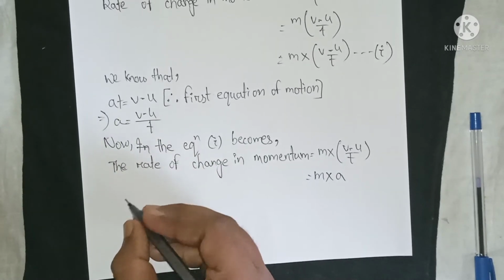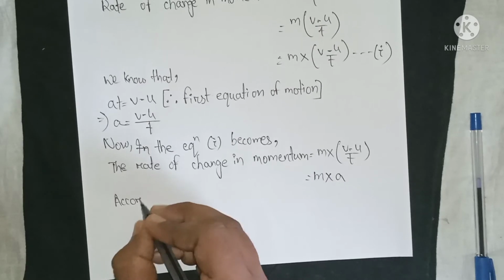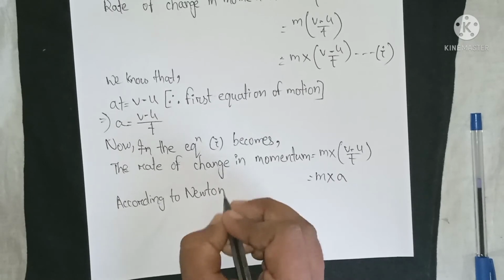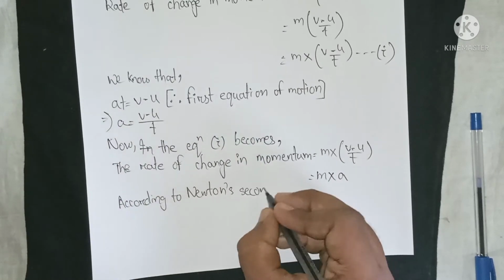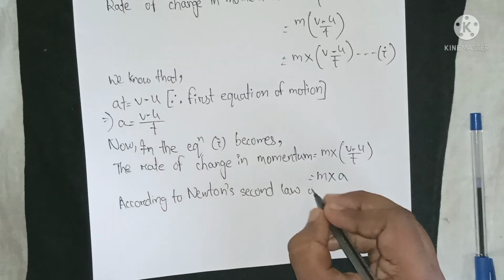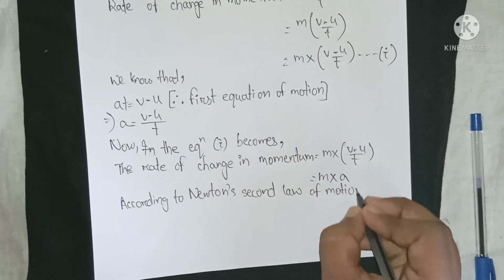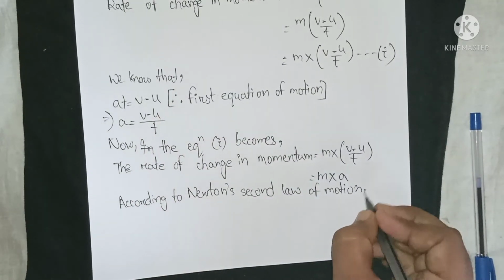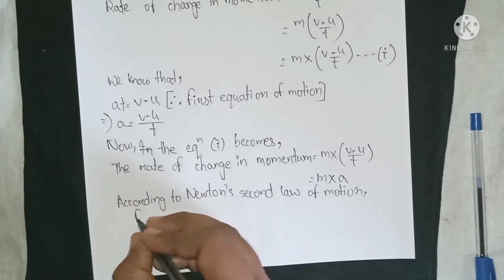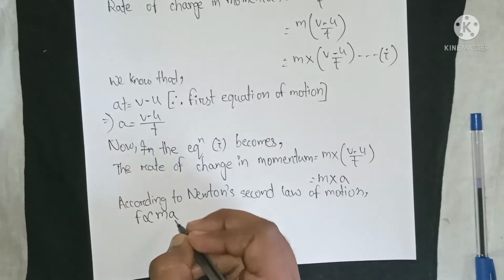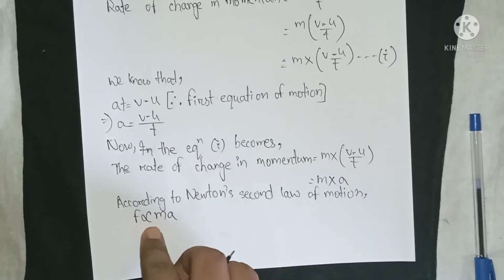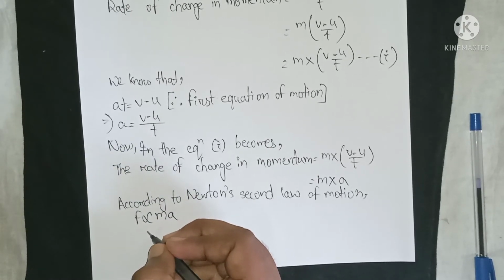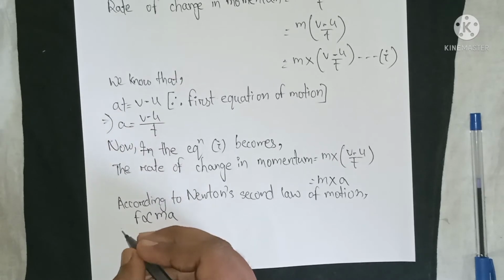So we can write here that according to Newton's second law of motion, and yeah, law of motion and equation of motion are very different, F is directly proportional to ma, where F is equal to force, m is equal to mass, and a is equal to acceleration of the body. To convert it into an equation, we can put a constant, and that constant will be k.